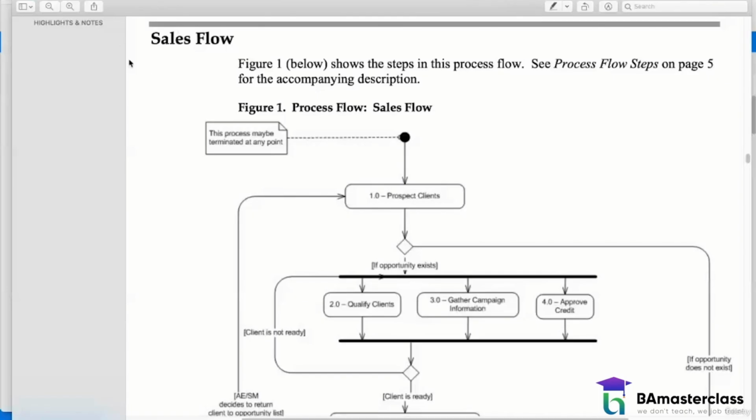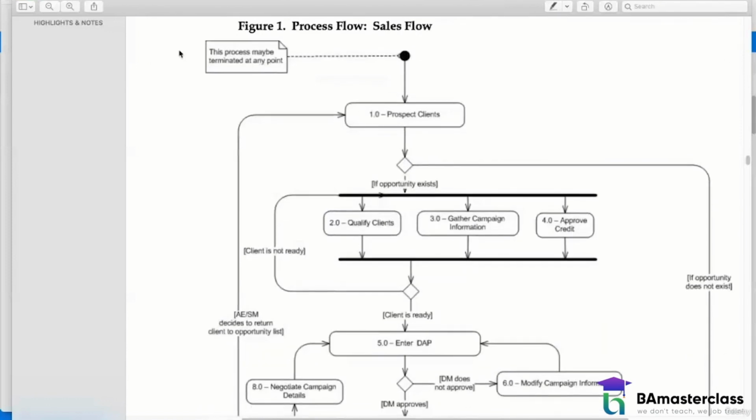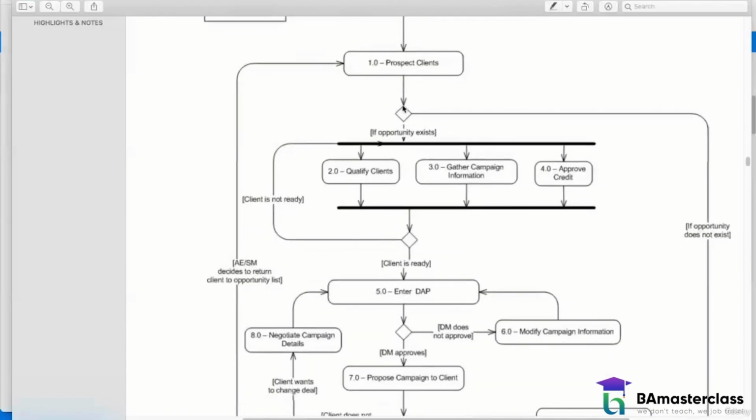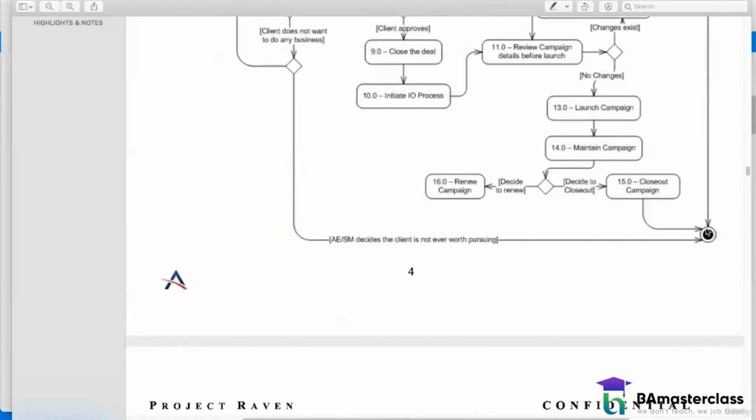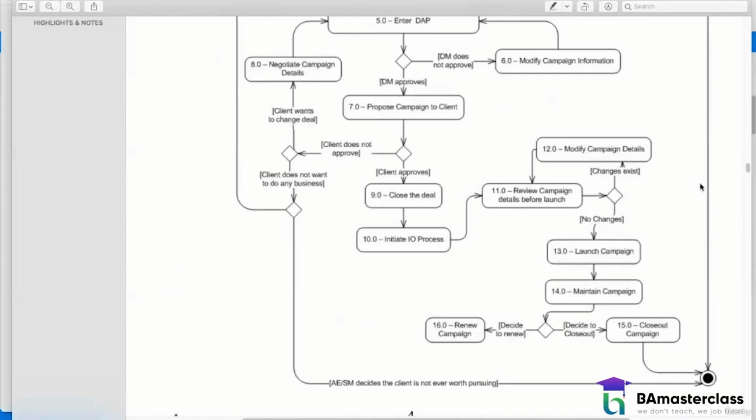So this is a sales flow. It's a process flow of a sales team. So what are they doing? Number one, prospect clients. Then there's a decision. After they talk with the clients, is there an opportunity with the client or not? If the opportunity does not exist, they just close, saying, you know what, this is useless. It's not going to work.